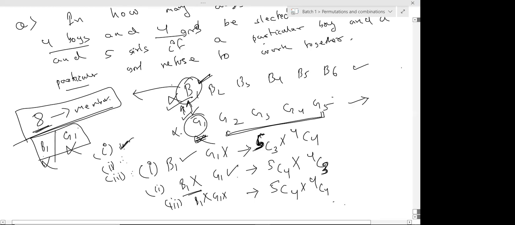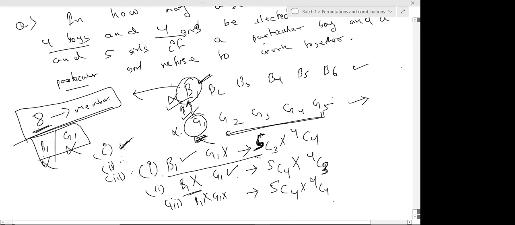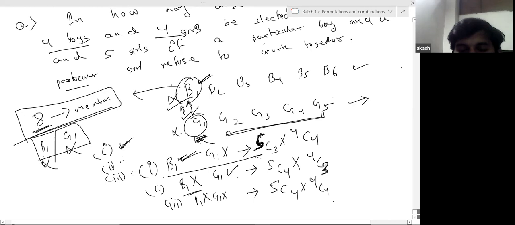So how is it 5C3? Like why you pick 5? Here in the first part, see, because we already said B1 is already there. B1 is compulsorily there. So we had to choose 4 boys out of 6 boys, but we already selected B1. So you have to choose 3 boys out of 5 boys.